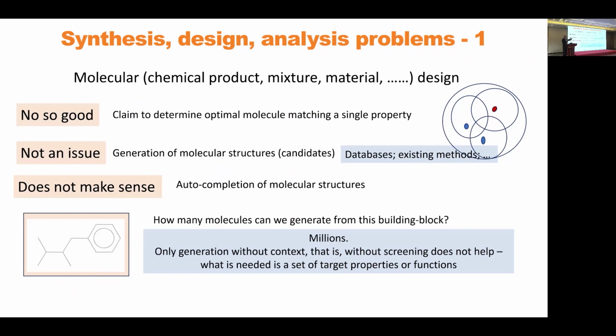So some people are claiming that they can generate these molecules and find a good candidate for a drug. Well, first of all, all chemicals that have a benzene ring in the database are already there. And then without screening, it does not mean anything. So if we say, well, for cancer we need this property, then we can find out of those millions which ones.